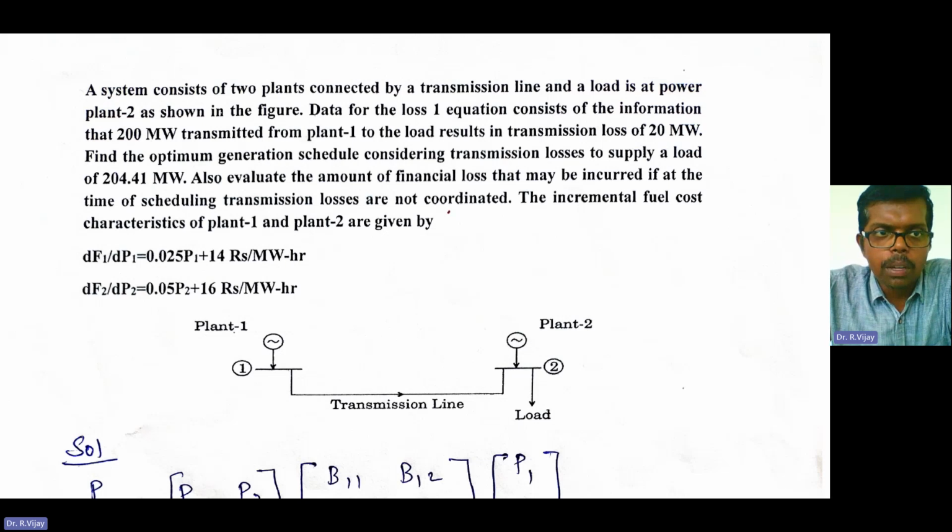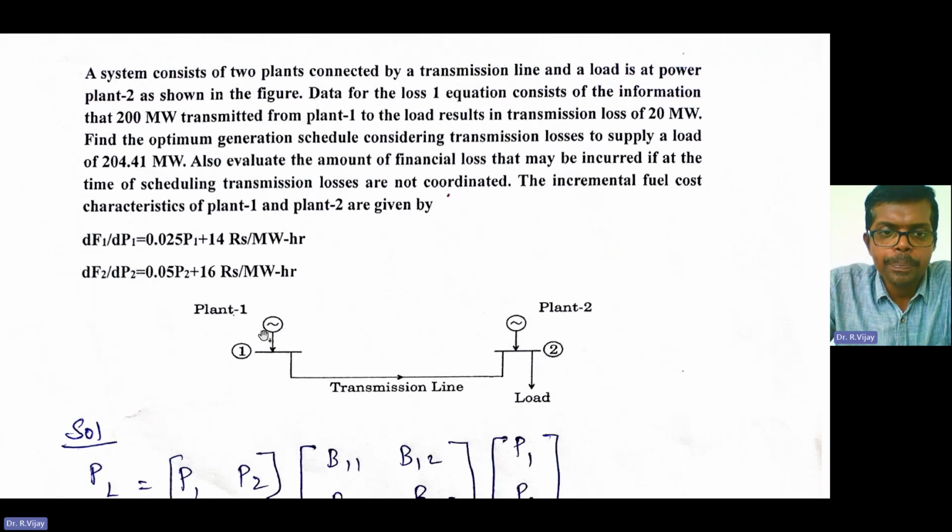Take down this problem. A system consists of two plants connected by a transmission line, and the load is at power station plant 2. So the system is given here. This is the generating station, and here they are telling that the load is at bus 2. So the load is at plant 2 as shown in the figure. There are two plants, but the load is connected to plant 2, and plant 1 and plant 2 are connected together.